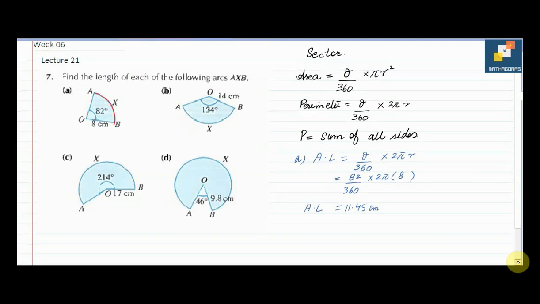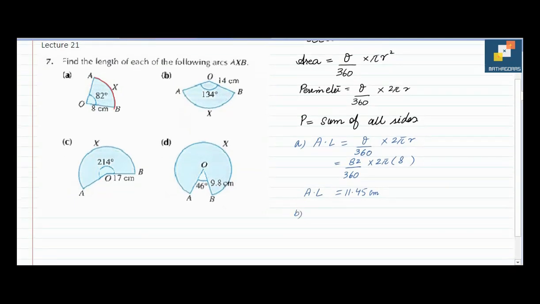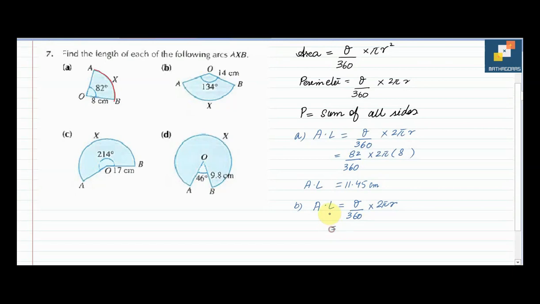Now moving on to the next part. Now it will be good if you pause the video and try all the questions by yourself and then see its solution. For part B, arc length, first thing, working formula, angle divided by 360 multiplied by 2 pi r. It will be good if you write the working formula in all questions. So theta is 134, that is angle, divided by 360 multiplied by 2 pi r is 14.